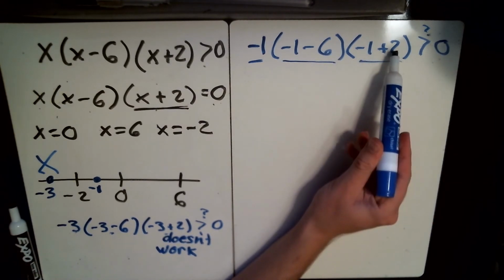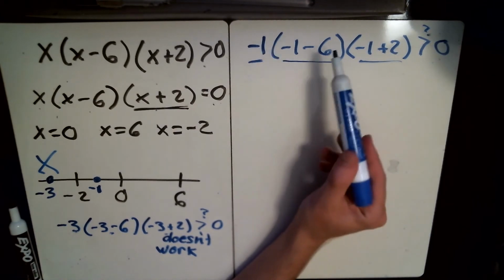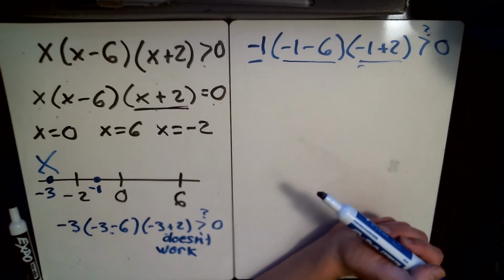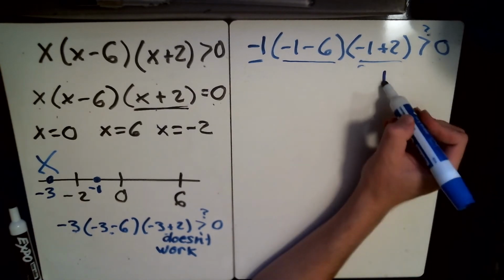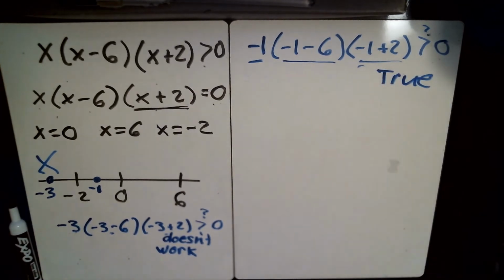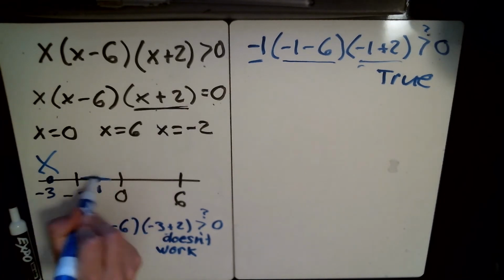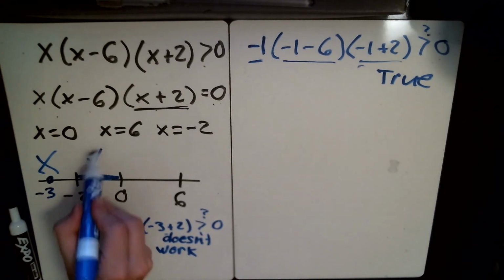Negative 1 plus positive 2 is going to be positive. So we've got negative, negative, positive. Two negatives and a positive times each other is going to be positive. So that works. That's true, so it is going to work in here.